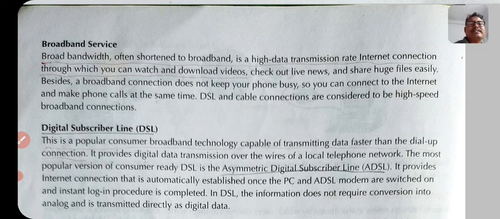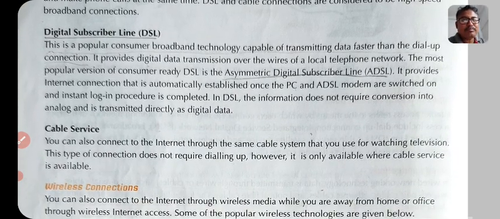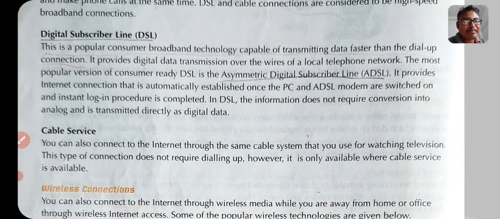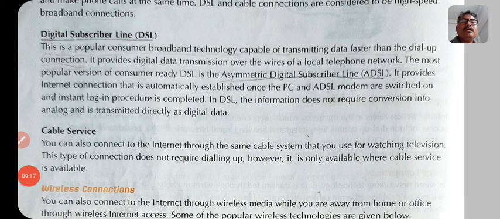So next is digital subscriber line, DSL. What is this? This is a popular consumer broadband technology capable of transmitting data faster than dial-up connections. It provides digital data transmission over the wires of a local telephone network.